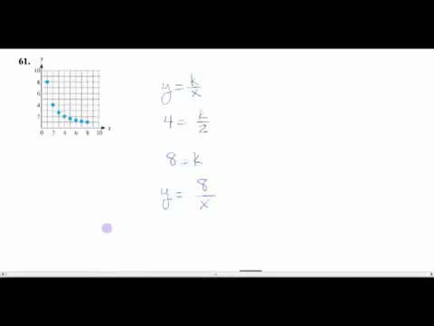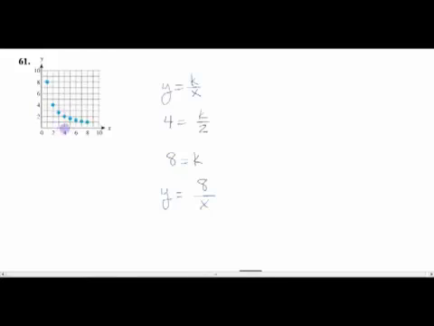Let's go ahead and check the points and see if we can figure out if it's really going to fit everything. If I put in an x value of 1, I do get an 8. If I put in a 2, I will get a 4. If I put in a 3, I would get 8/3, or 2 2/3, and that looks like 2 2/3.